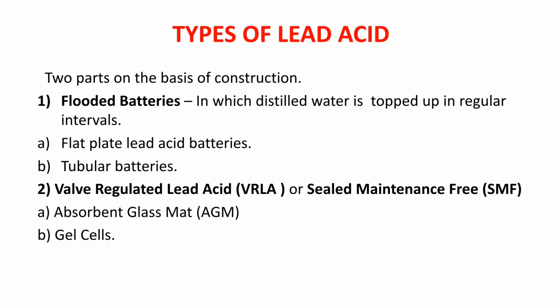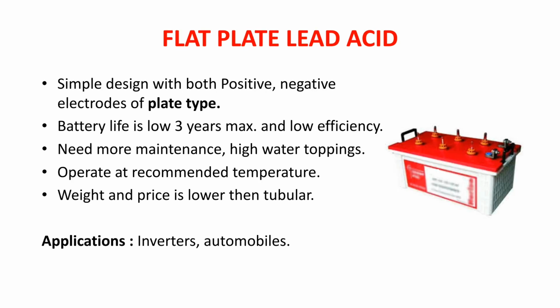These are the main 2 divisions of lead acid batteries, but again flooded batteries are subdivided into 2 parts: flat plate lead acid batteries and tubular batteries. And SMF batteries are again of 2 types, AGM and gel cells.